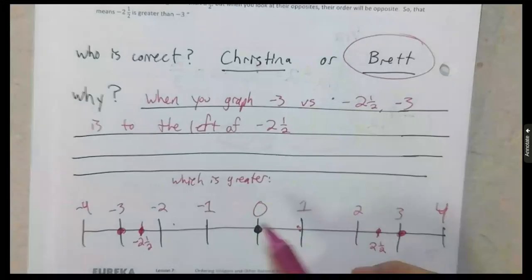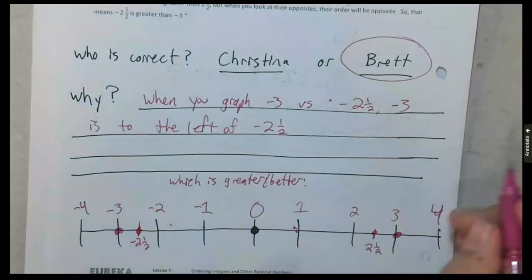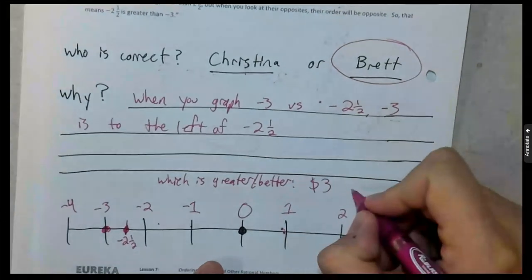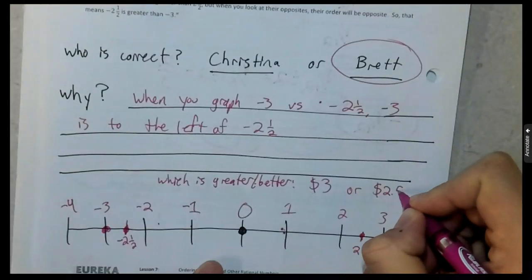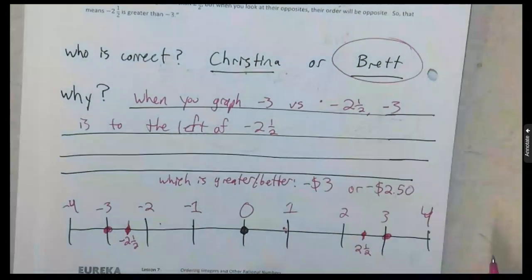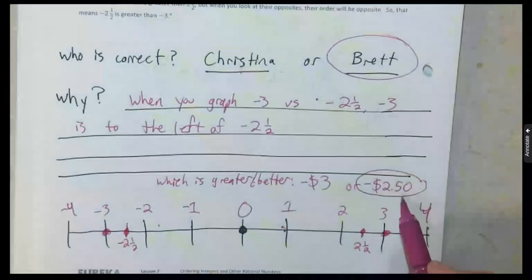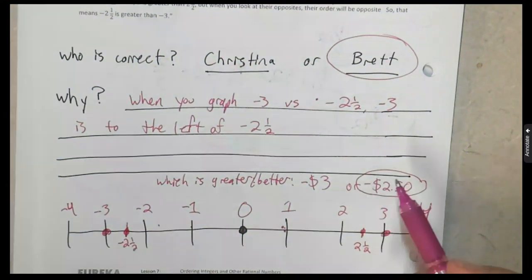Which is greater or which is better? Would you rather owe someone $3 or would you rather owe them $2.50? Right? You owe them this amount of money. You would want to owe someone less money, so you would want to owe $2.50 instead of 3.